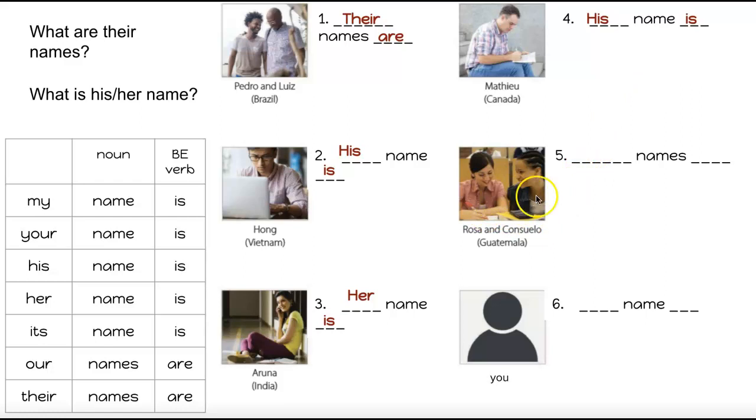So it's plural. Their names are Rosa and Consuelo. And this is you, so you would say, my name is.